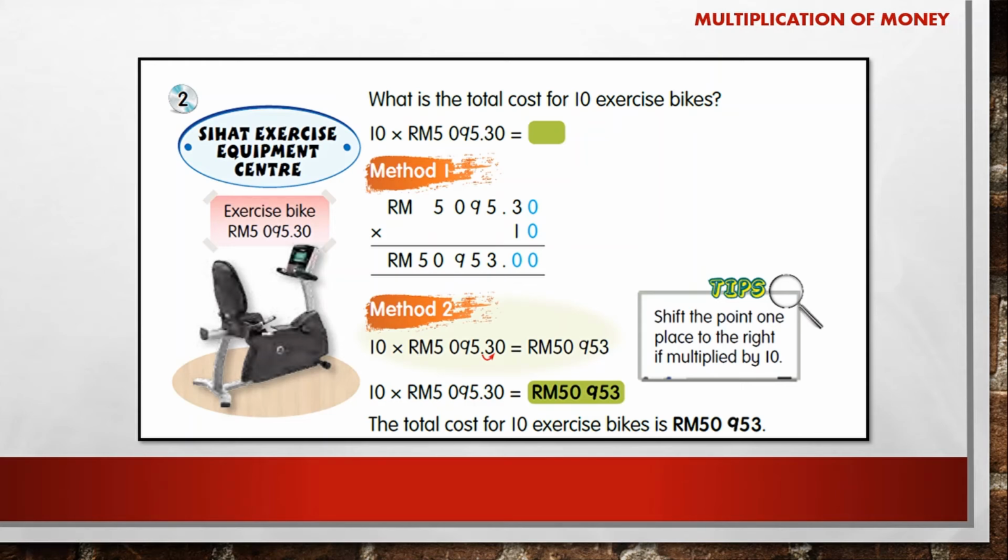We may use method 2 also. You just shift the decimal point, and then you got the answer 50,953 ringgit. So the total cost of 10 exercise bikes is Ringgit Malaysia 50,953.